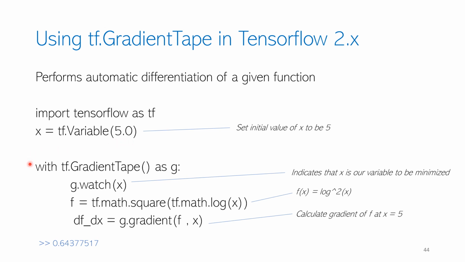In a with block, we instantiate a gradient tape and we call it g. g.watch will tell the gradient tape that the value that we want to take gradient with respect to is x. Next, inside this with block, we define our function f using x. And we can access the gradient of f with respect to x using g.gradient.